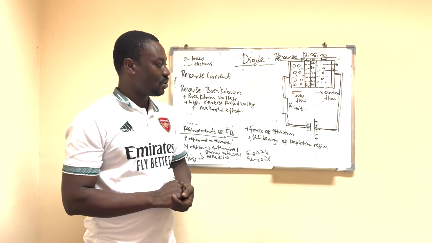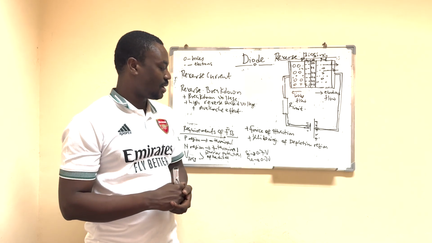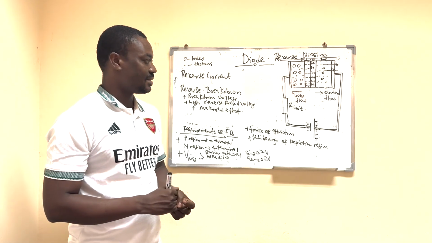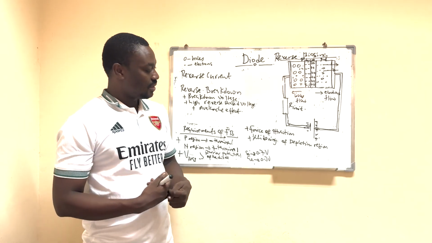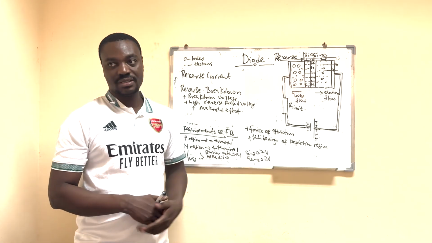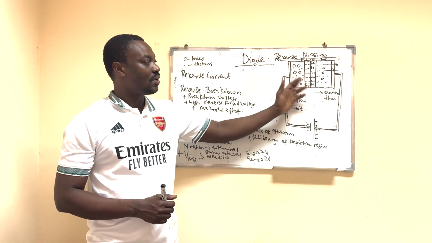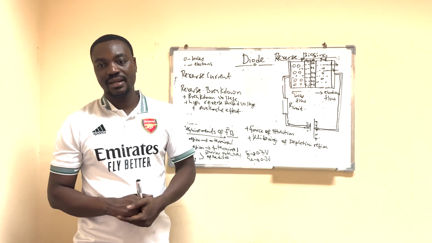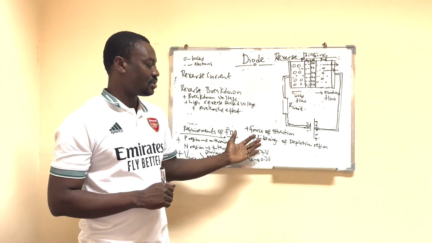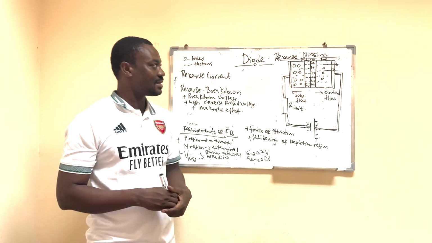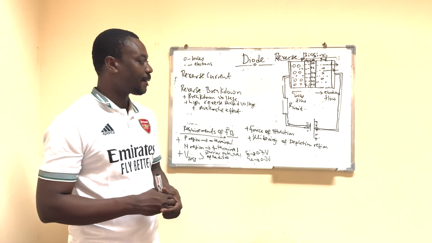So through the process of reverse biasing, the depletion region widens, which results in no flow of current across the p-n junction.